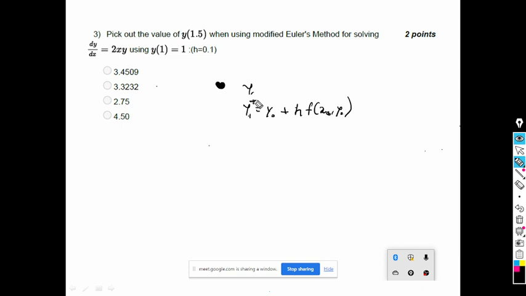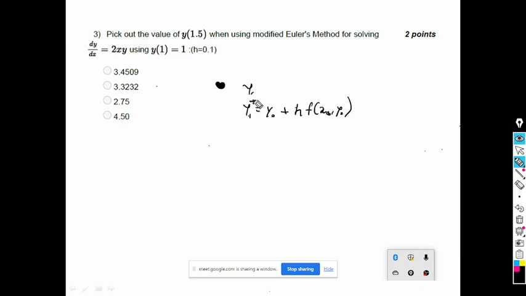So now here y naught will be 1. x naught is given as 1. So just put the values of x naught and y naught in this function 2xy. You will get the value of f of x naught, y naught. Multiply it with h, that is our 0.1. You will get the value of y1 star. So by modified Euler's method, y1 will be given by y naught plus h by 2 times f of x naught, y naught, plus the extra term f of x1 comma y1 star that we got over here.